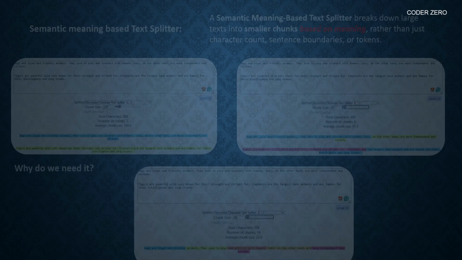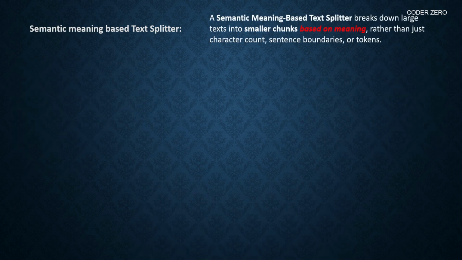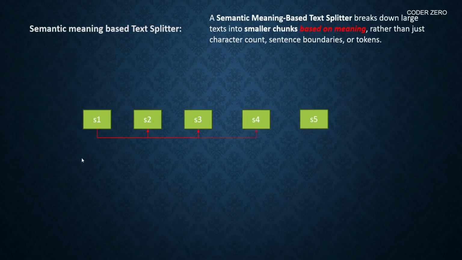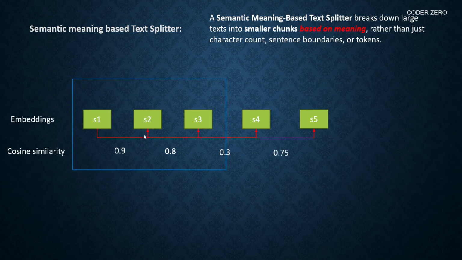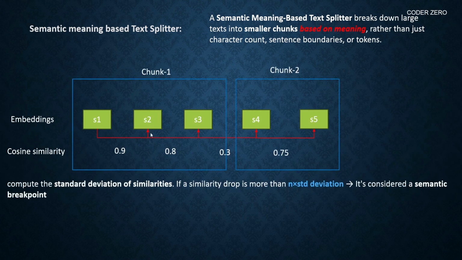So how does it work? In semantic based text splitter, it calculates cosine similarity between two sentences. You can see cosine similarity between S1, S2, S2, S3, S3, S4, S4, S5. Then it calculates the standard deviation of this cosine similarity, and if any cosine similarity is more than n standard deviation, n can be 1 or 2 or 3.